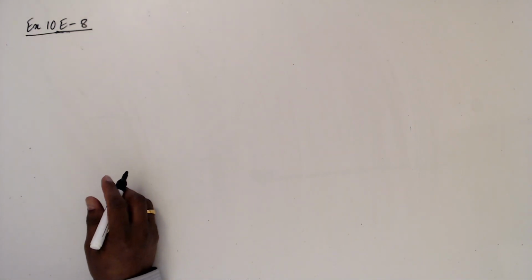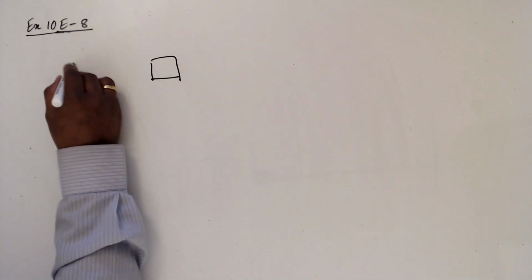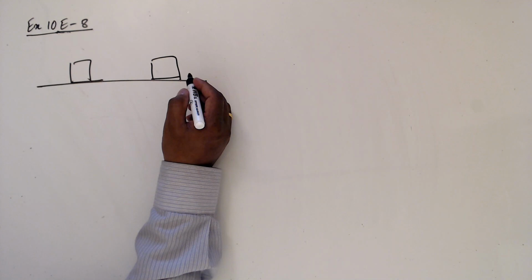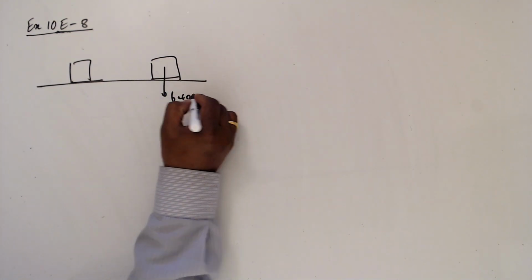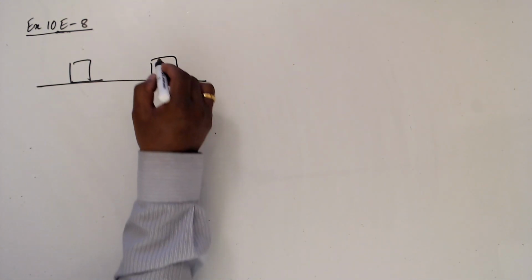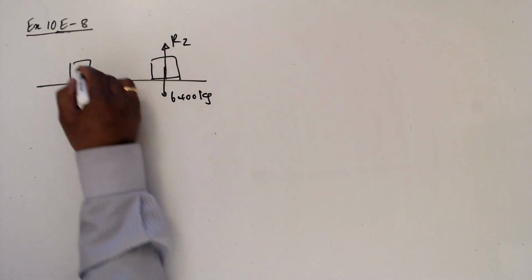Question number 8. A train engine of mass 6,400 kg is pulling a carriage of mass 1,600 kg. It's a train and carriage. The weight is 6,400 g, and it has a frictional force R2.